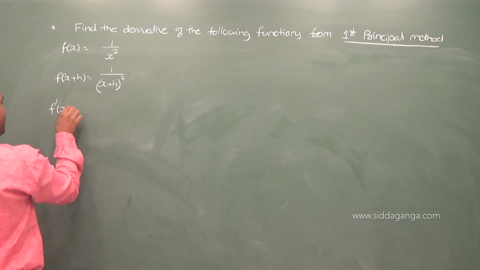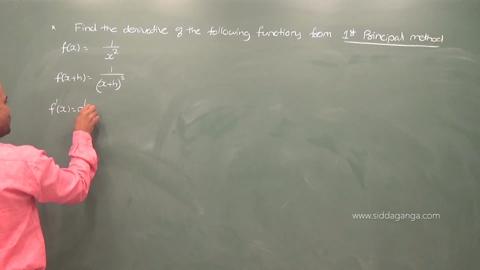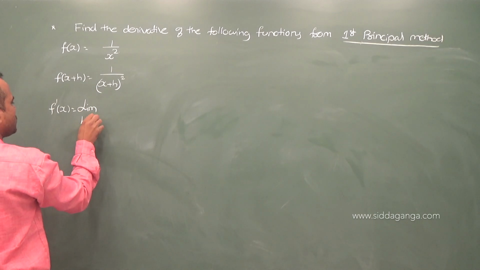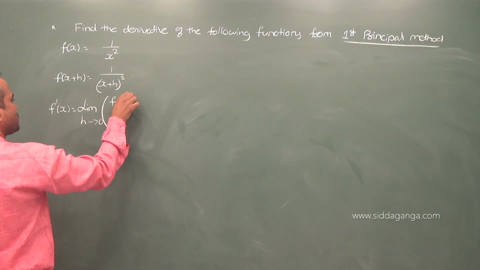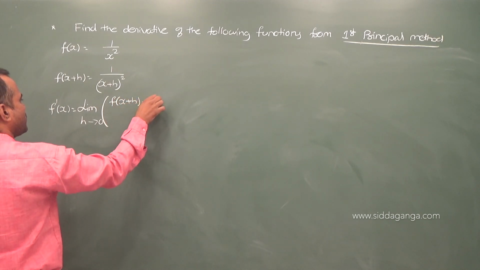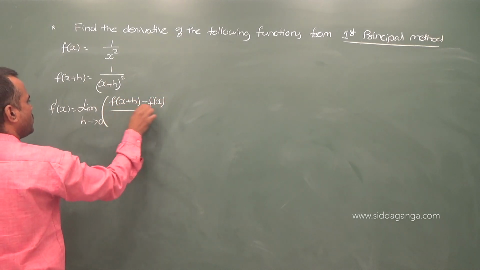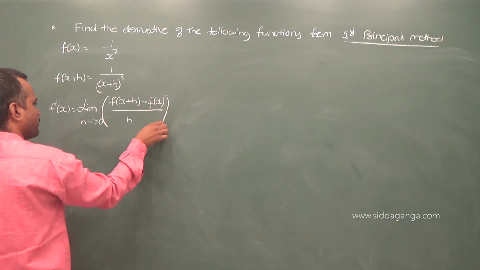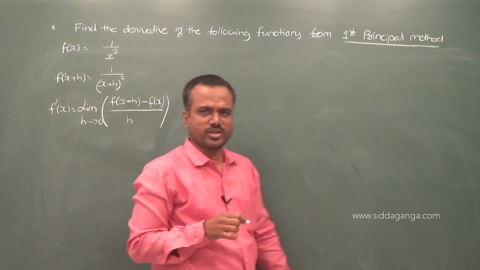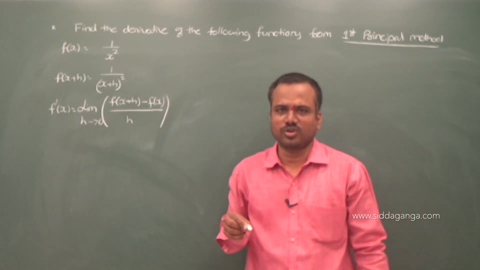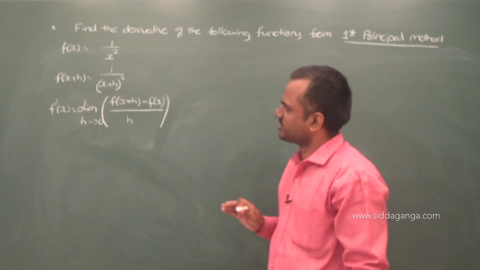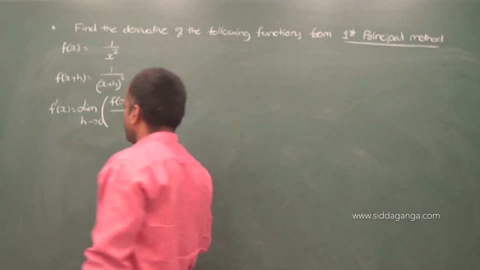Write the formula: f dash of x is limit h tends to 0, f of x plus h minus f of x whole divided by h. Substitute the values one by one.